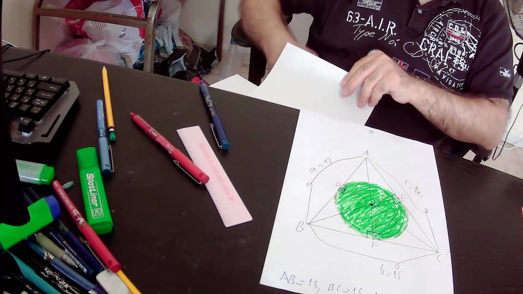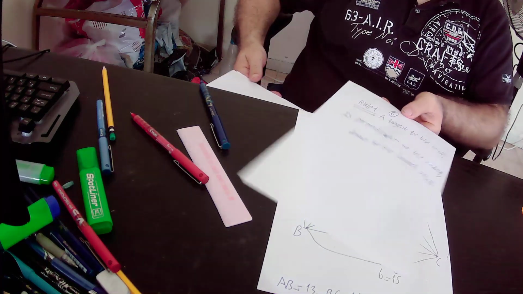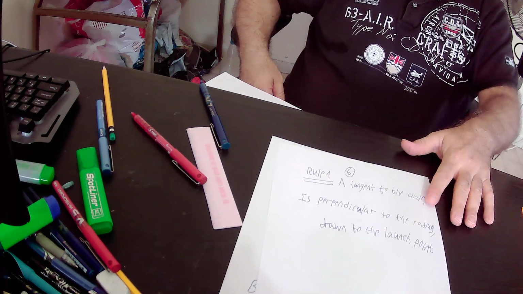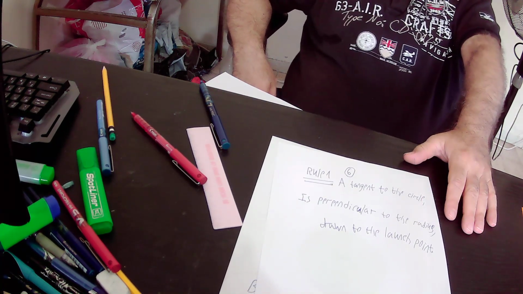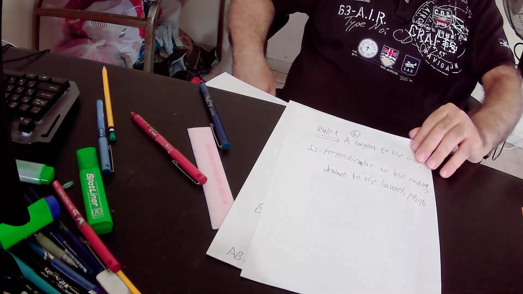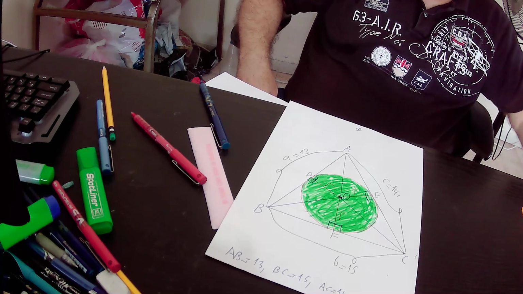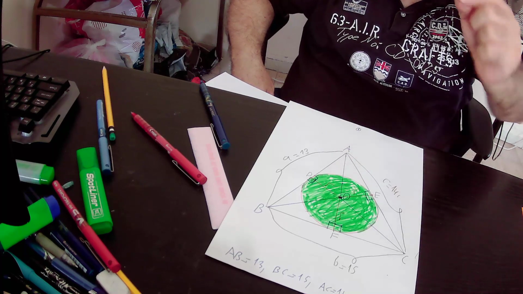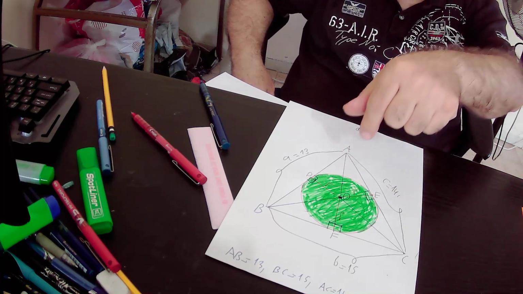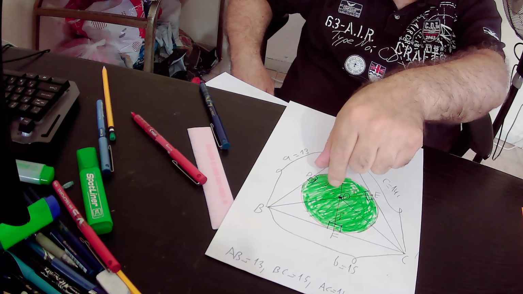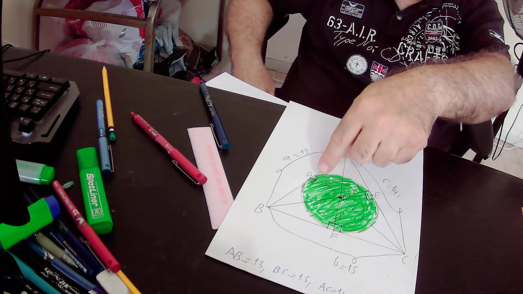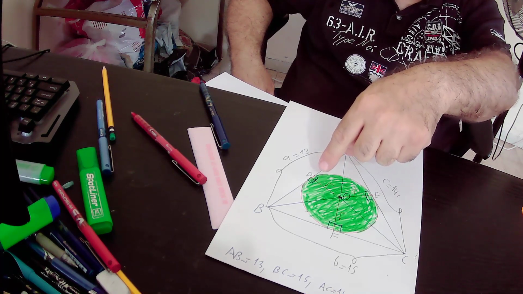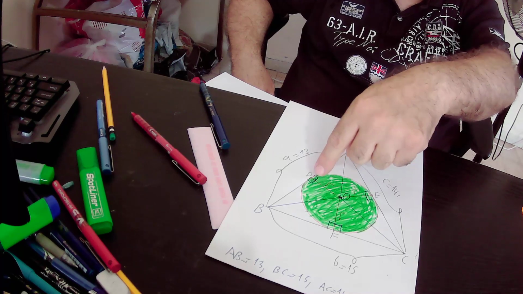And we have a rule, which I call rule number 1. According to rule number 1, a tangent to the circle is perpendicular to the radius drawn to the point of tangency. So whenever you draw a radius to the point of tangency, this radius will be perpendicular to its tangent. This radius is drawn to point D, therefore this is a right angle, and this is also a right angle.